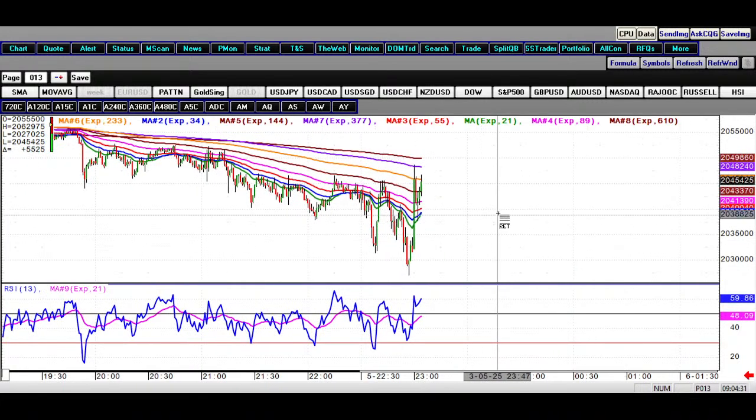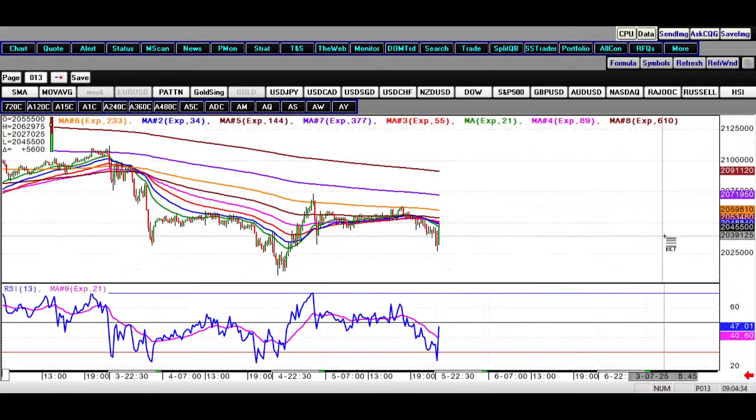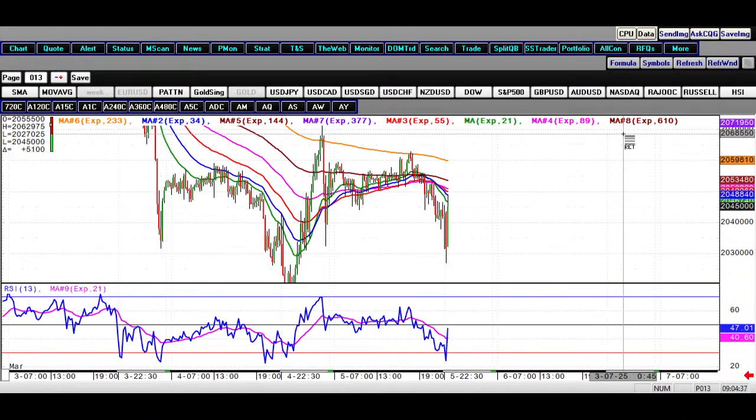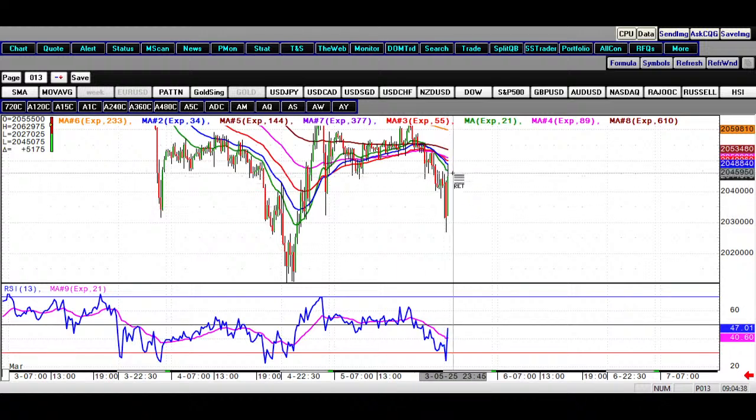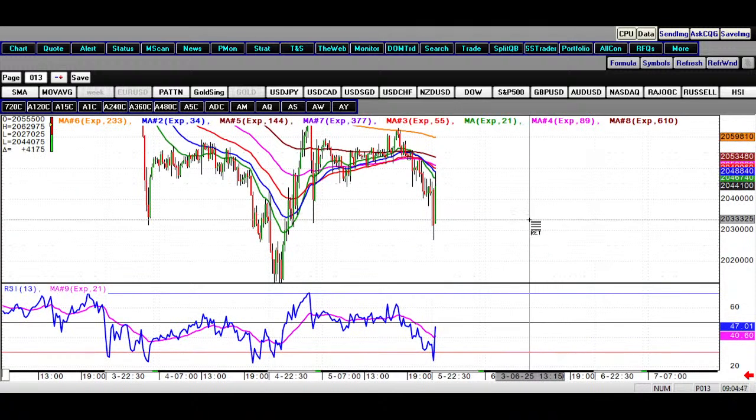If you see, this is still within the range, with a downside view. So we just have to wait and see. If it's going to be in a range, then we don't want to really force ourselves.